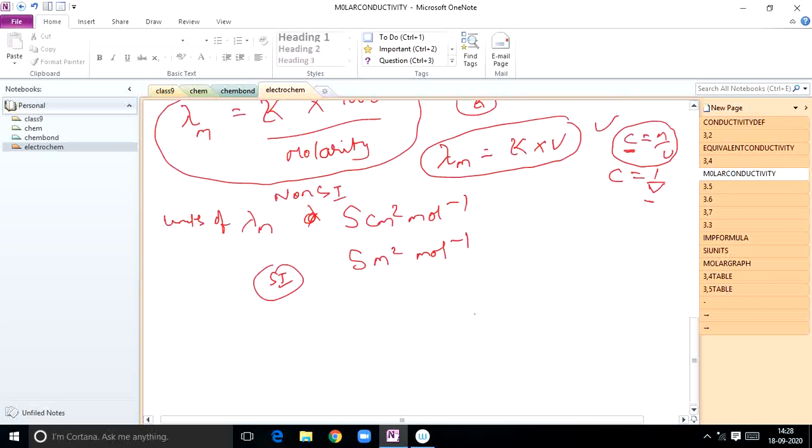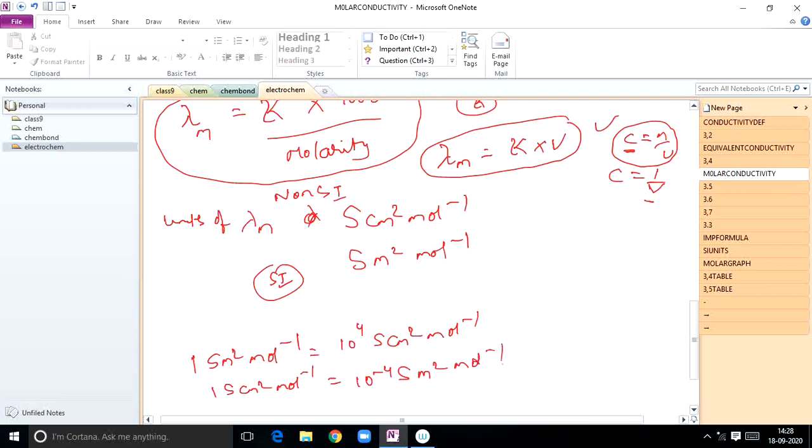So now we can bring out the relation here. 1 Siemens meter square mole inverse is equal to 10 power 4 Siemens centimeter square mole inverse. In the same manner, 1 Siemens centimeter square mole inverse is equal to 10 power minus 4 Siemens meter square mole inverse.